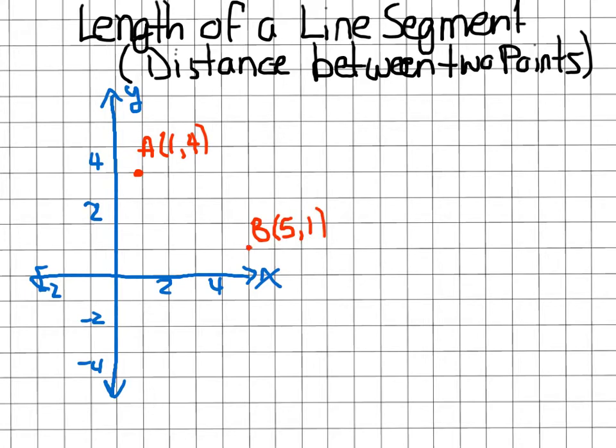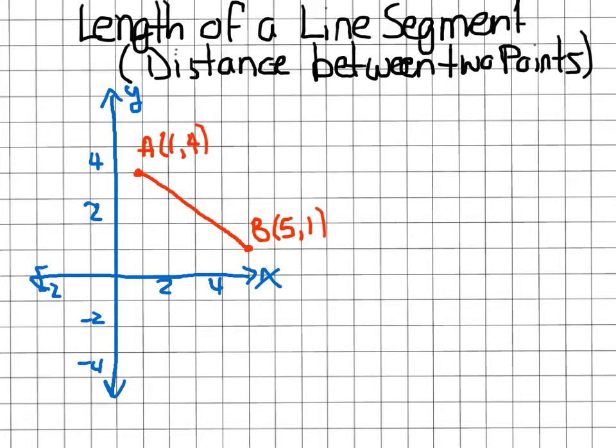And so we have these 2 points on the coordinate grid, and what we can do is calculate the distance of those 2 points. If we connect those 2 points, we have created a line segment, so we could calculate the length of the line segment.